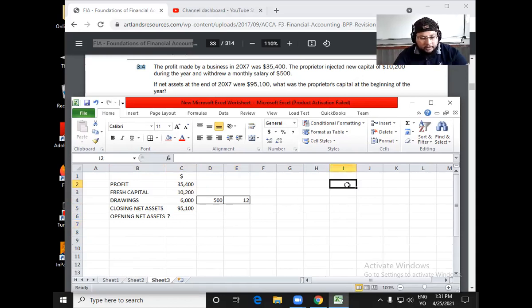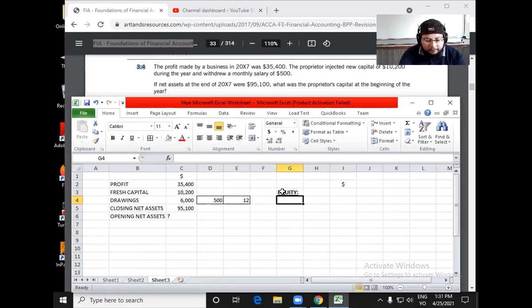once we multiply the drawings with the 12 months, we will get the yearly drawings. Okay, so we are calculating the opening capital, and we will use the head which is called equity. Okay, equity. Now you must be very vigilant.